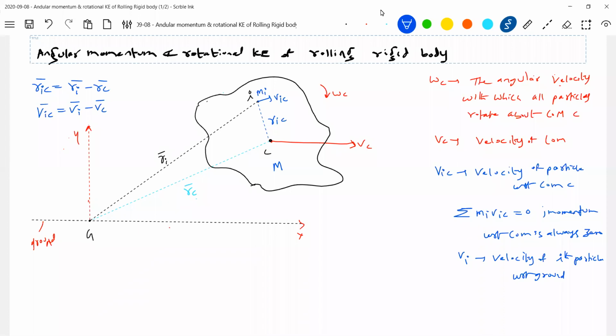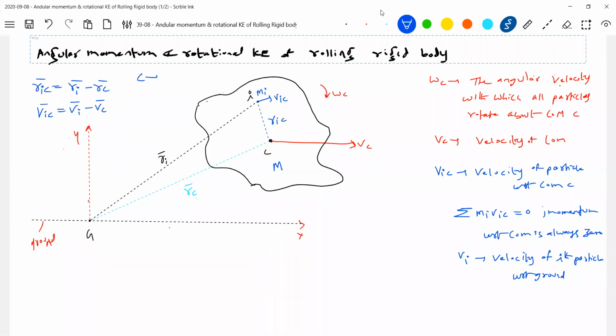I think in most of our books it's not available, but the whole concept revolves around this one, because any conceptual question they ask, we need this thinking. I would have written directly one formula, then shown how to use that formula. But if they ask you any conceptual question, you can't manage with a formula. You must know how that formula has come. That's why I'm trying to derive it here. What is the angular momentum of this ith particle with respect to ground?